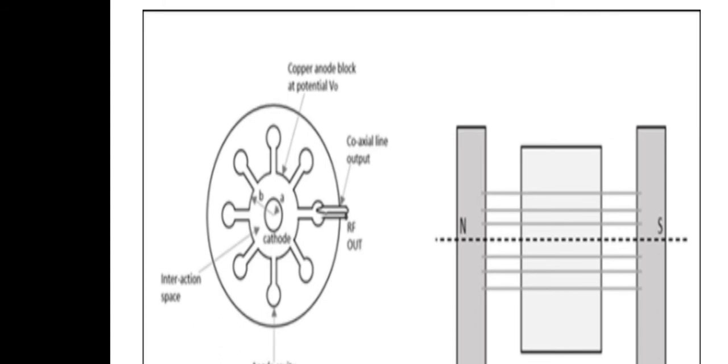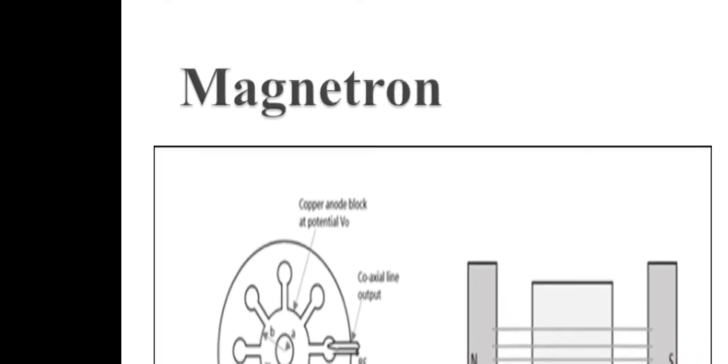It is a cross-field device, as the electric field between anode and cathode is radial, whereas the magnetic field produced by a permanent magnet is axial. The permanent magnet is placed such that the magnetic lines are parallel to the vertical cathode and perpendicular to the electric field.